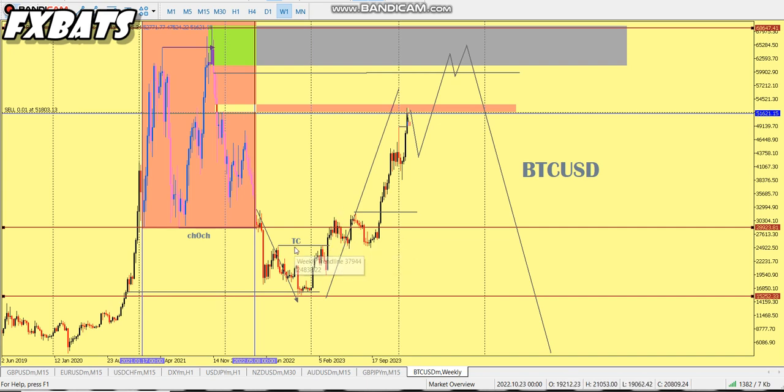The first break of structure, a change of character. We continue to see price start to make a series of higher lows and higher highs, which means now the trend has turned upside, and this upside push is our retracement.